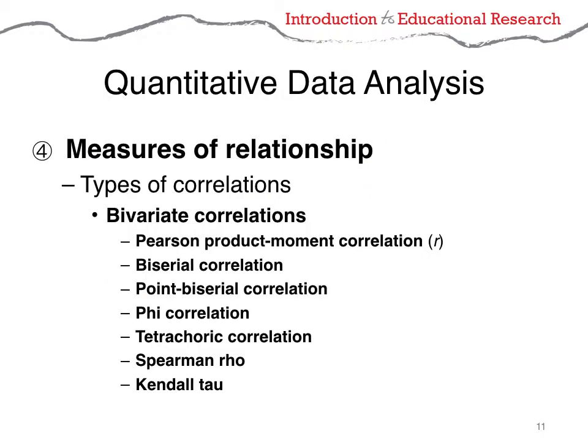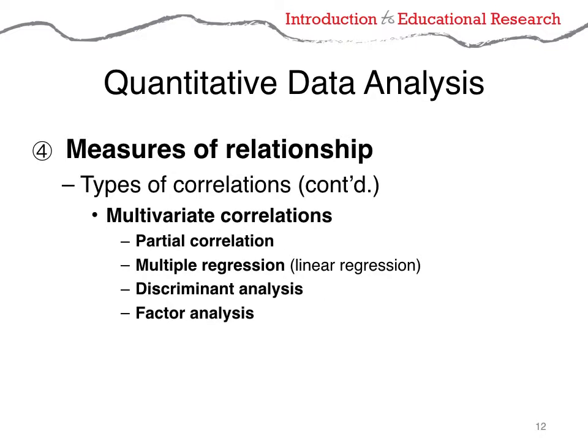Each scale may differ. And so you can see there's all kinds of correlation coefficients, we call them. I'll just list off a few of these so you can get some exposure: the Pearson product moment correlation, or r, biserial correlation, point biserial correlation, I believe it's phi correlation, tetrachoric correlation, Spearman rho, and then Kendall tau correlation.